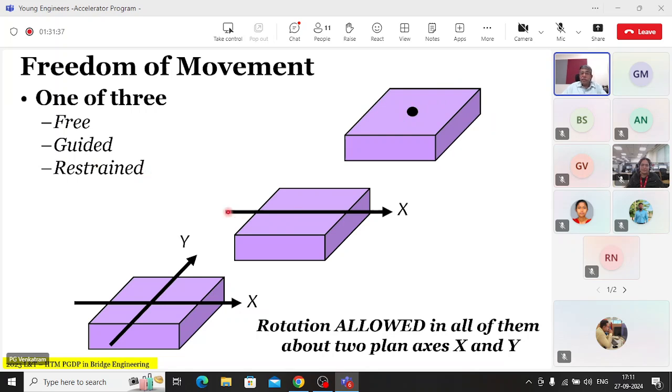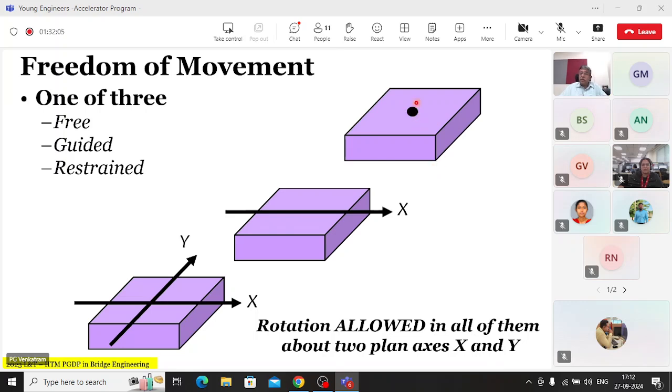When you see a bearing with this kind of sign, it says it allows movement in the x direction. When you see a bearing of this type, so this is called a restrained bearing. This is called a guided bearing. And when this is there, that means it can allow movement in both directions. Then it is called a free bearing. So nowadays, the bearings are understood in any one of these three or a combination of them.